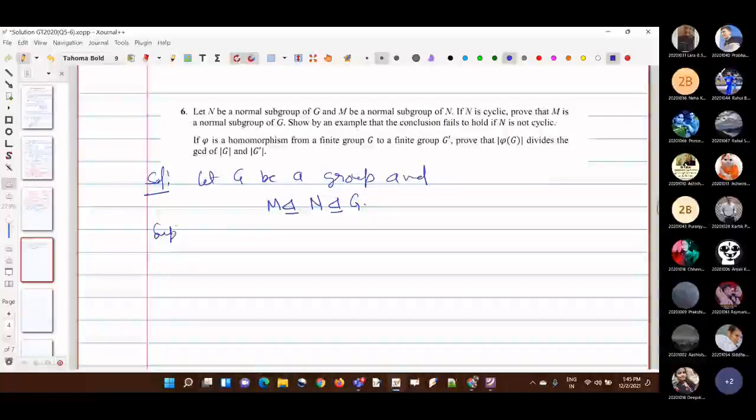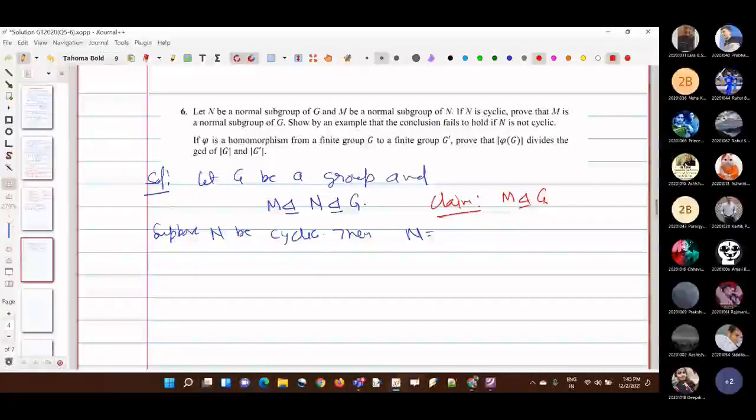So let N be cyclic, then there should be some generator of it. Let us assume that N is generated by a. Claim: what we need to prove? We need to prove that M is normal in G under the condition that N is cyclic.